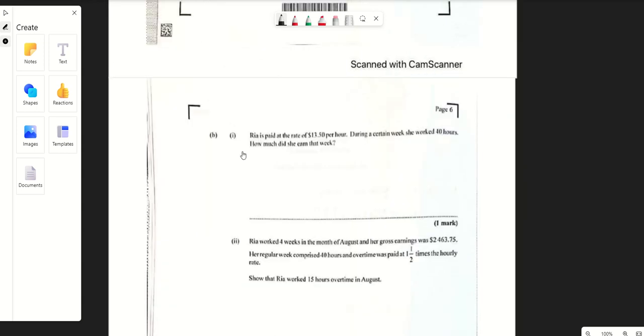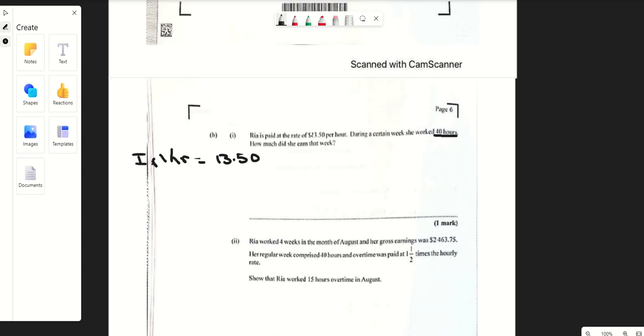Right. Part B1 says, Rhea is paid a rate of $13.50 per hour. That first line tells us 1 hour is equal to $13.50. During a certain week, she works for 40 hours. How much does she earn that week? So we use an if and then.